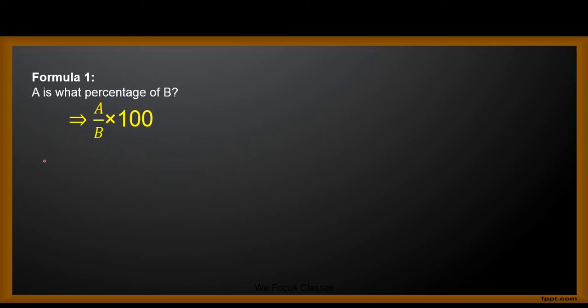For example, 40 is what percentage of 20? What is the required value here? 40. What is the reference value here? 20. So 40 by 20 into 100, which equals 200 percentage. It means 40 is 200 percentage of 20.